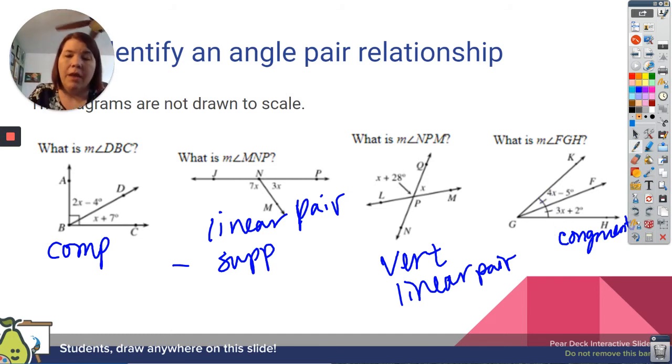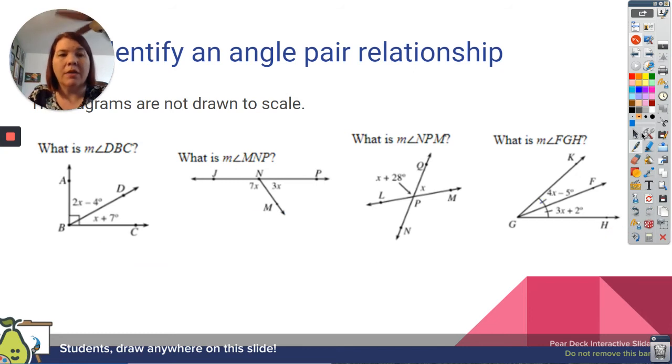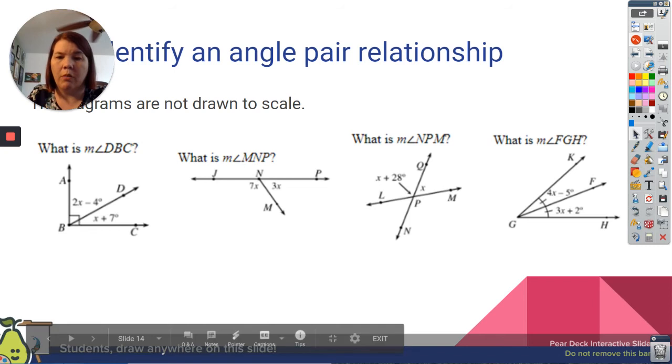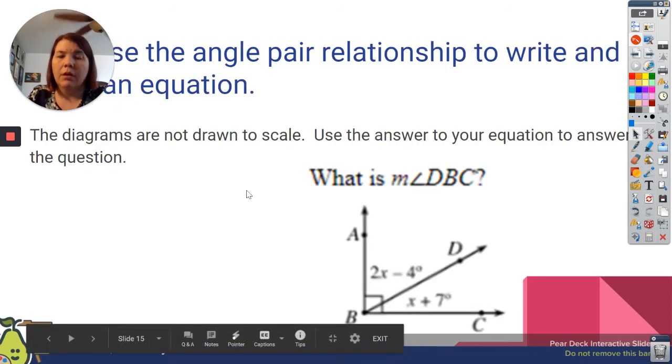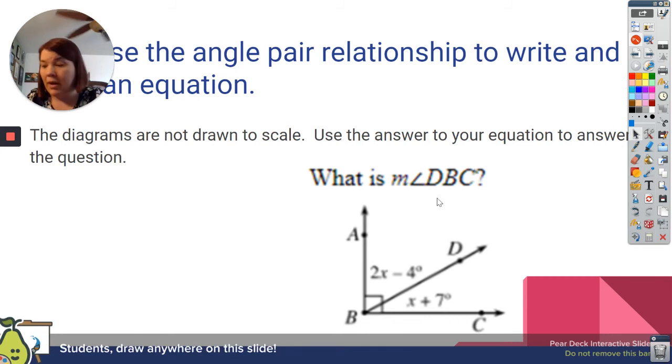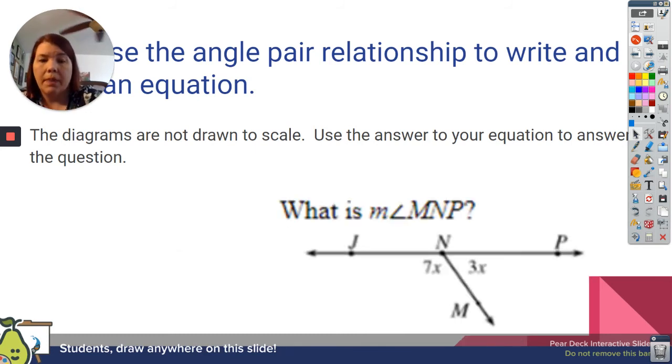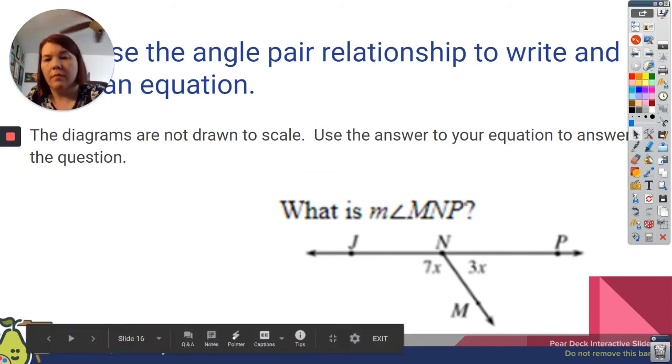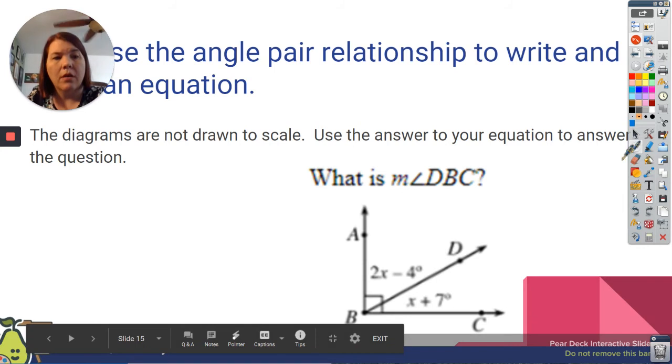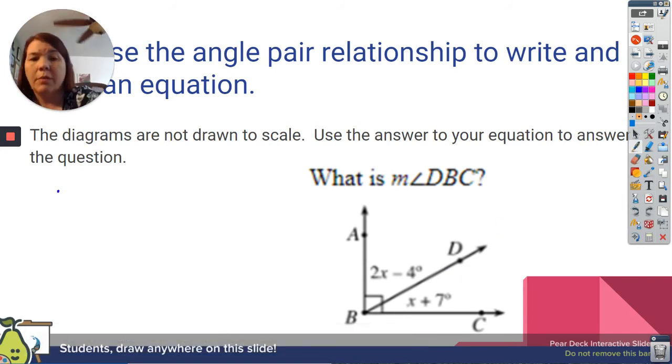That's important. Now with that in mind, we are going to answer the question. We're going to make an equation, and we're going to answer the question. So these are complementary, which means they add up to 90.